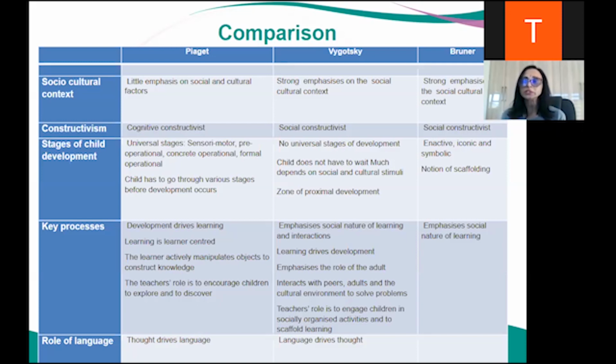Vygotsky emphasizes the social nature of learning and interactions. Learning drives development. He emphasizes the role of the adult in supporting the child's learning, and interaction with peers, adults, and the cultural environment to solve problems. Bruner also emphasizes the social nature of learning.